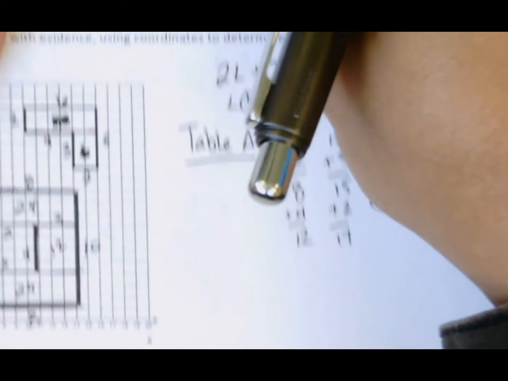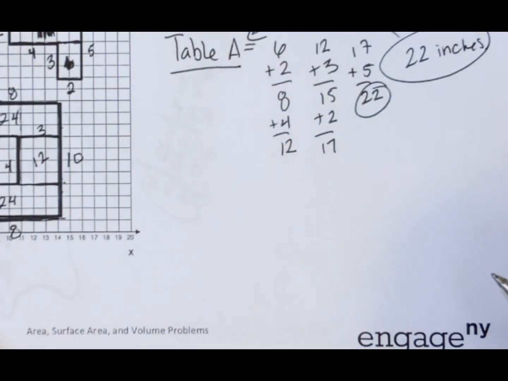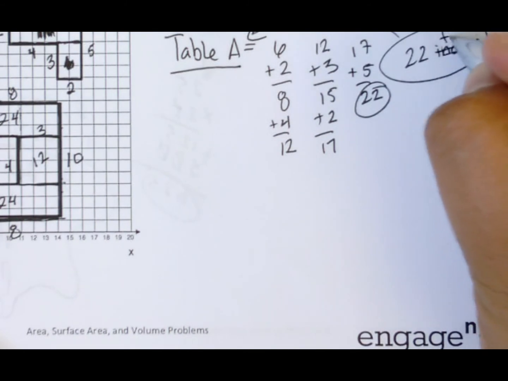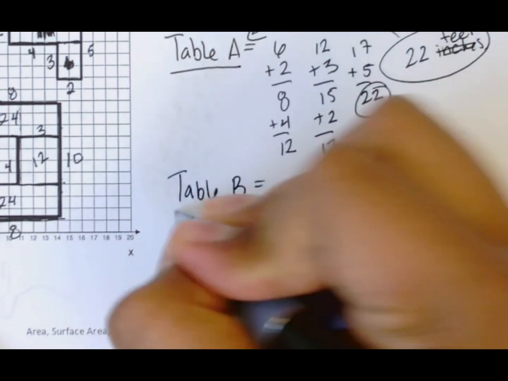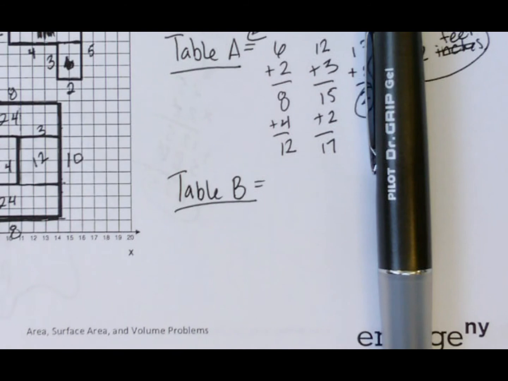All right. I want everyone to go ahead and find out table B. That's the color that's in there.